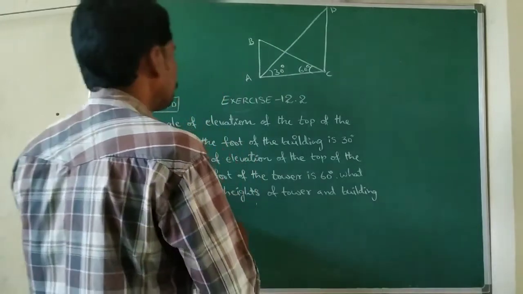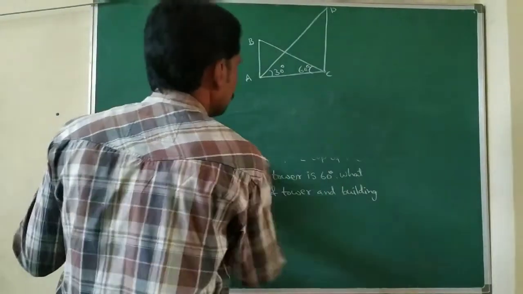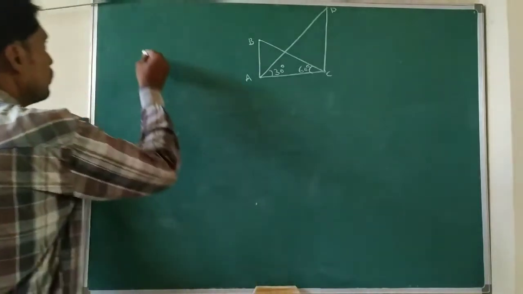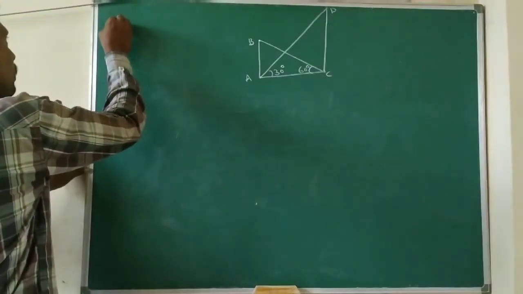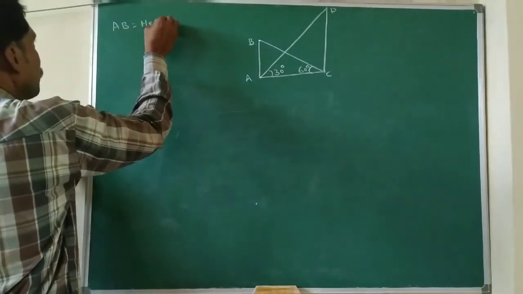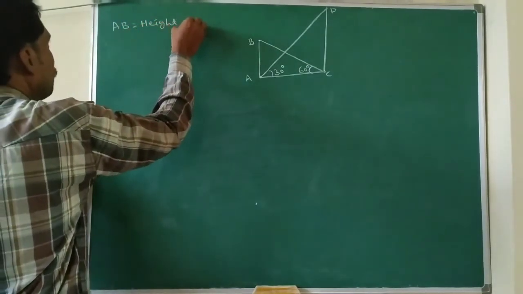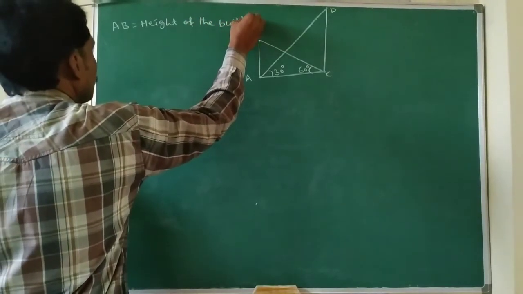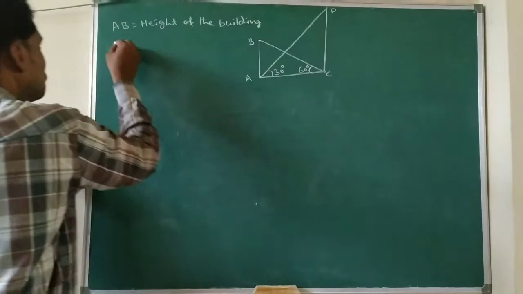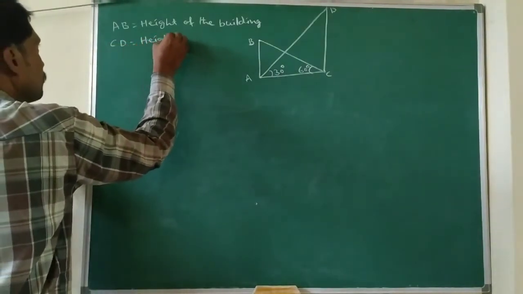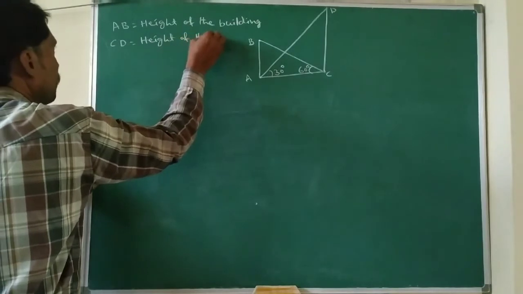See here. AB equals height of the building. Next, CD equals height of the tower.